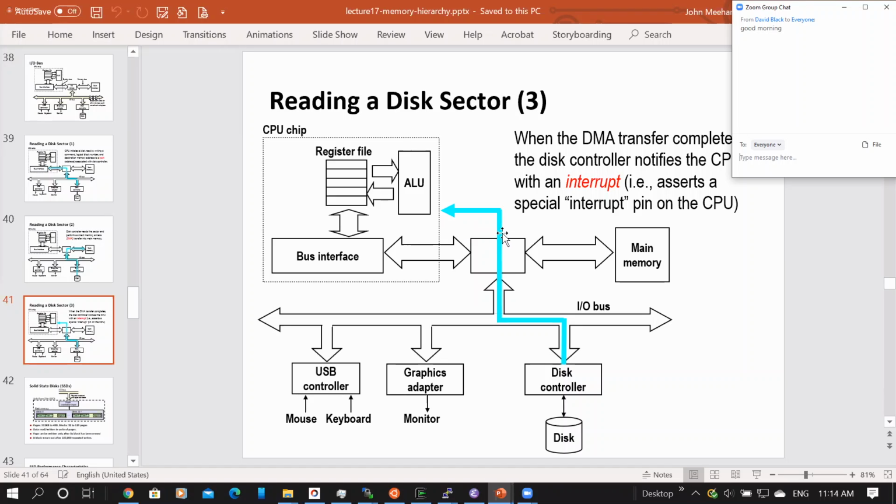So there's two numbers really. There's a number of what line it's hooked to, and then there's the number that's in that table. And so that provides us this level of indirection between the actual physical number and what we want to send to the CPU when we tell it that the interrupt has occurred. And that table gets loaded at boot time.